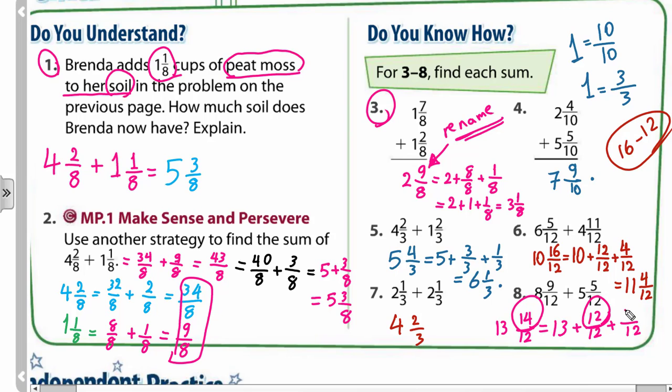How many remaining? 2. So now 13 plus 12 twelfths is a whole one. So 13 plus 1 is 14. And the fraction? 2 twelfths. Okay, thank you, my hero.